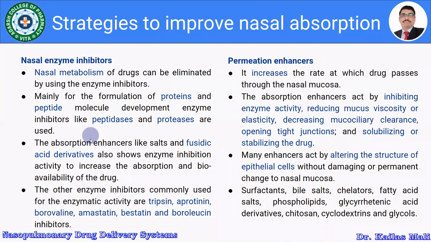The absorption enhancers like salts and fusidic acid derivatives also show enzyme inhibition activity and thereby promote the bioavailability of the drug. Certain other enzyme inhibitors widely used in nasal drug delivery systems are trypsin, aprotinin, borovaline, amastatin, bestatin, and boroleucin.